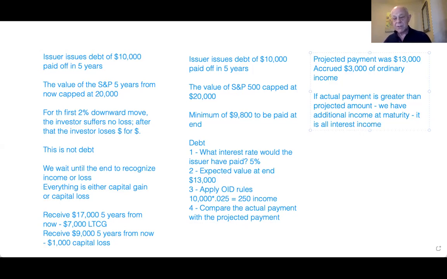Now, the next thing that can happen is we still get an amount greater than 10,000, but less than 13,000.